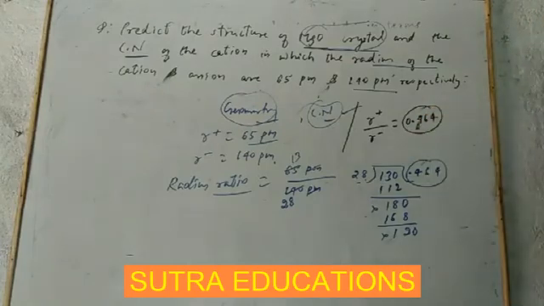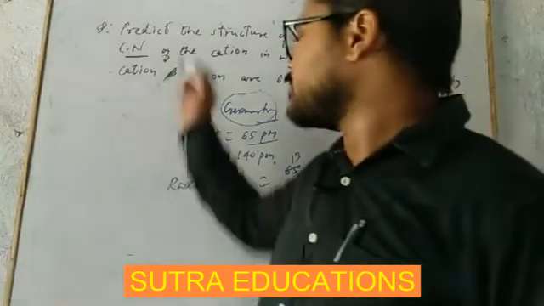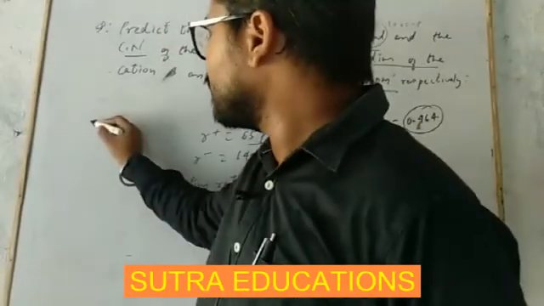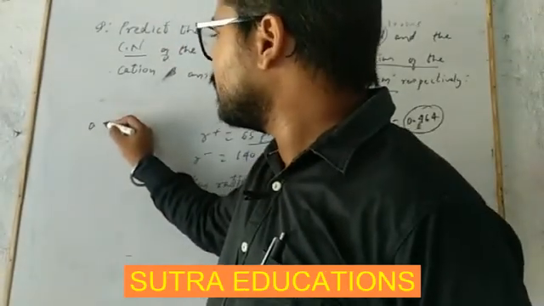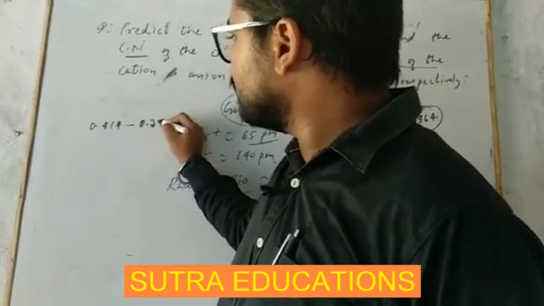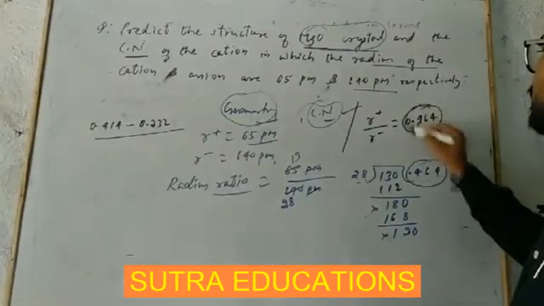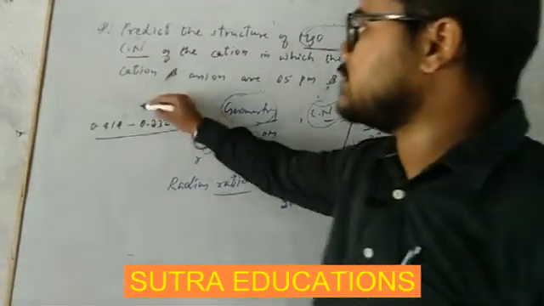Now try to remember that chart which I have given you. It is falling in the range from 0.414 to 0.732. It is 0.464, so it falls in this range.